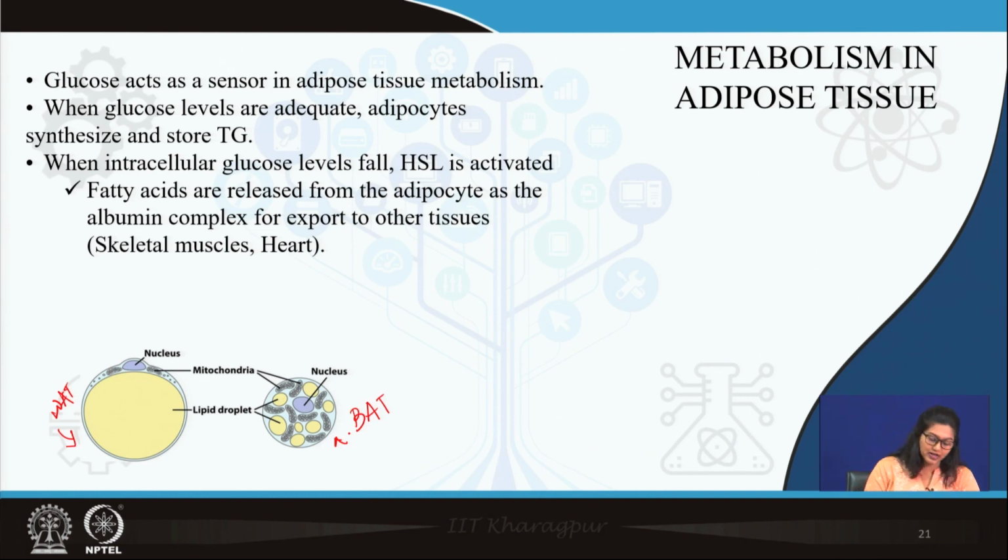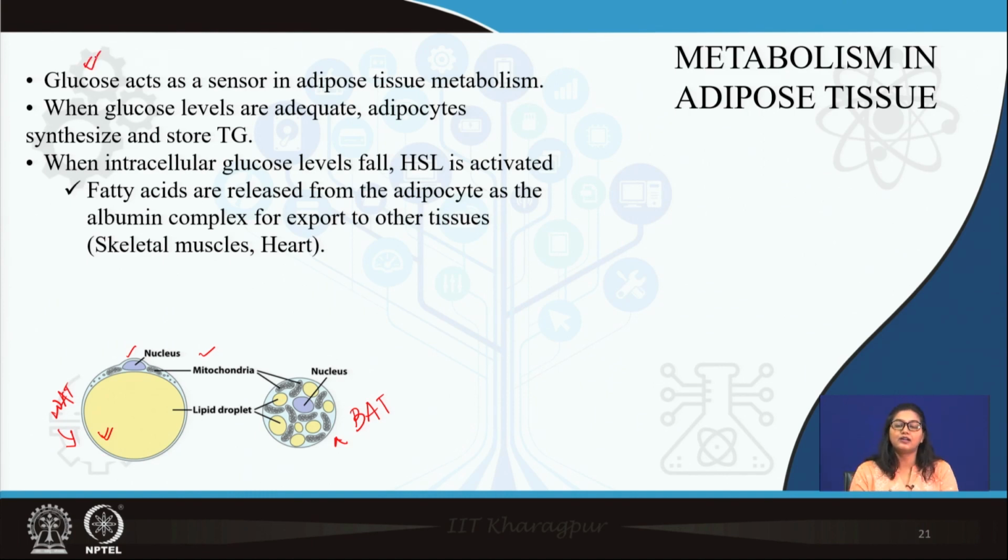In white adipose tissue, as you can see, in all the cells there is one single lipid droplet consisting mostly of triacylglycerol, which occupies around 65% of the cell mass, so much so that the nucleus and mitochondria are pushed towards the membrane, to the periphery, and this fat lipid droplet acts as an energy storage. Now why are we saying glucose acts as a sensor?